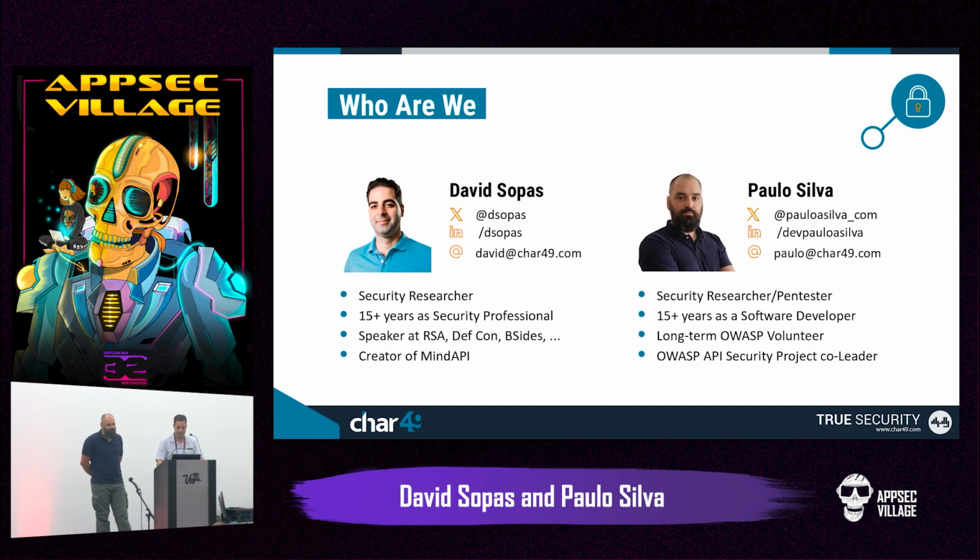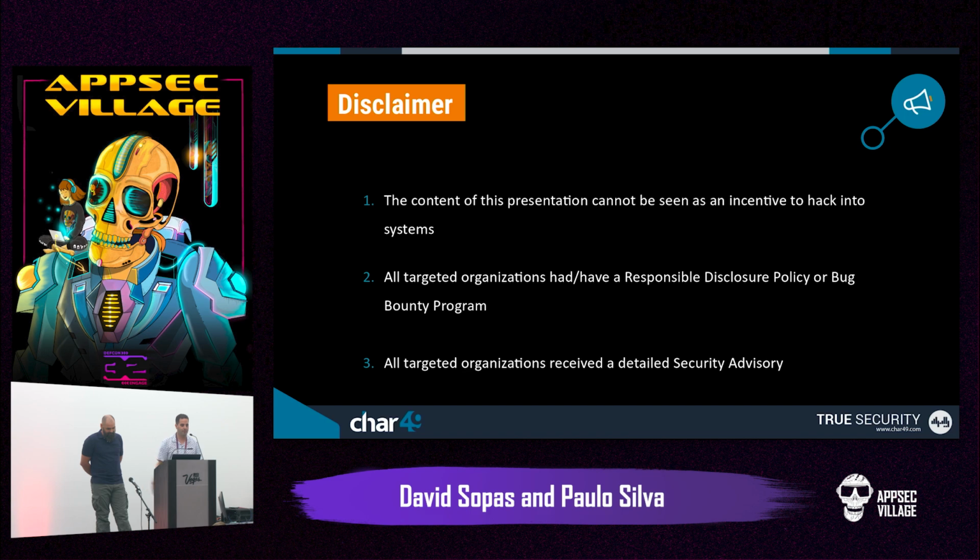Let's start. Before the research that we are presenting, I would like to say that we will not teach you how to hack web applications or APIs. All the manufacturers we present have a bug bounty program, responsible disclosure program, or similar, so everything was reported to the organizations.